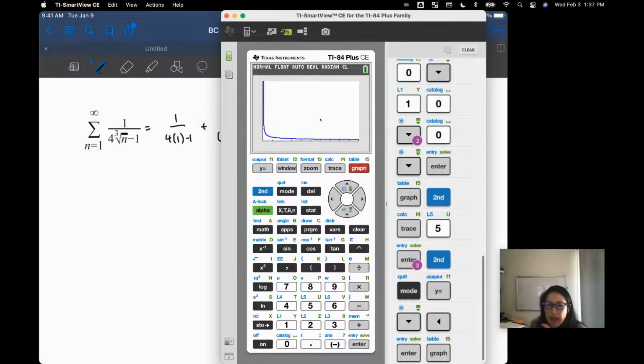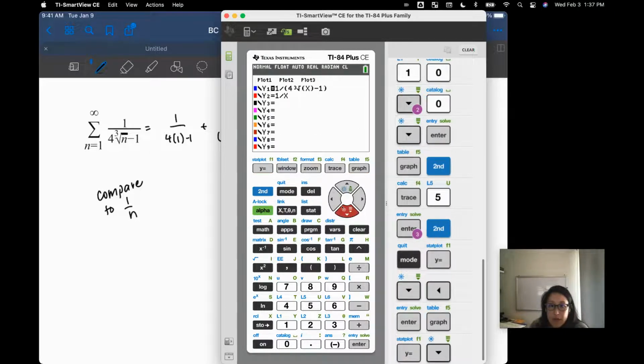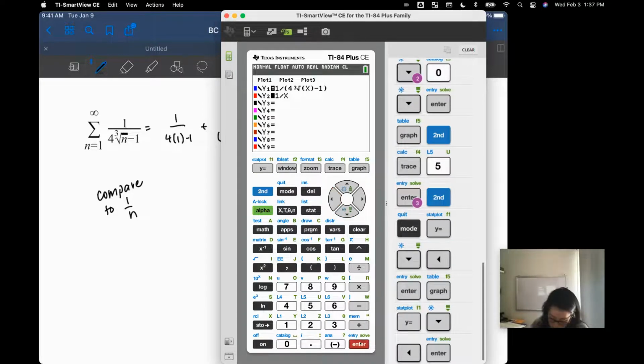So I decided that I want to try and compare to 1 over n. Okay. So I am going to graph this because it seems easier to figure out when these cross.